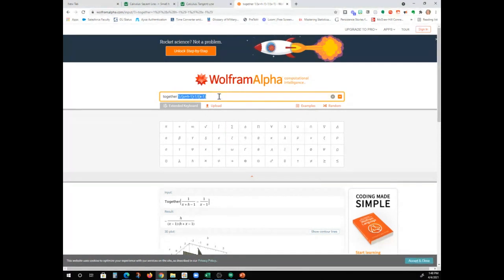We're still going to use together. And now I'm going to do my best to try to type this in. So I have two fractions, so I'm just putting the two fractions in immediately. And so I have on my top, and again, I'm going to put parentheses because of the two fractions. I just want to make sure that I'm setting up everything correctly.